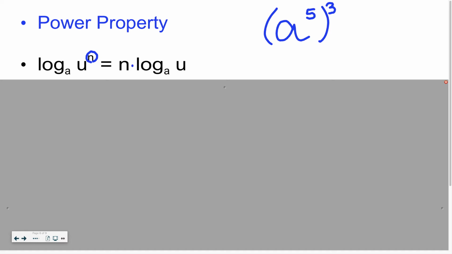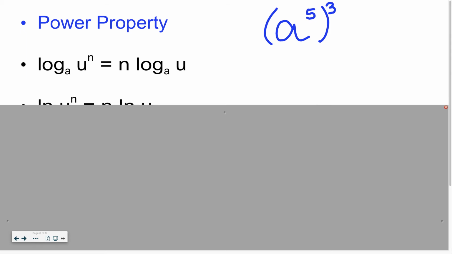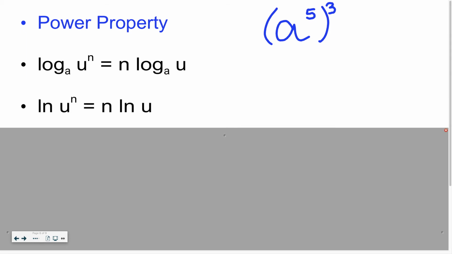Do you see how that works? Yeah. We take the exponent and we throw it out in front, multiplied to our logarithm. Okay. And log base A means anything, so natural log's a part of it too.